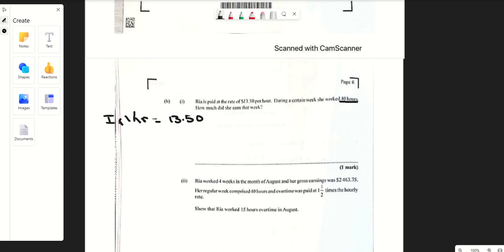If 1 hour is $13.50, then 40 hours would be $13.50 multiplied by 40. Right, so when you multiply this using your calculator, you are going to get $540. And that is how much she earned for that week.